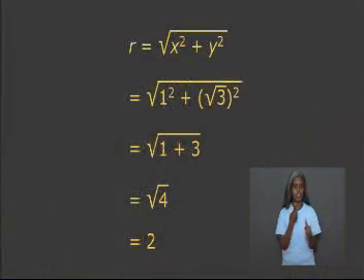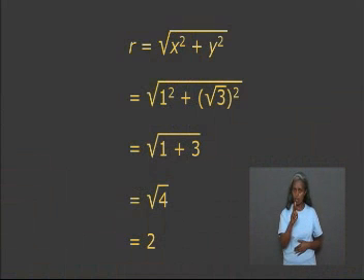Let us look at your answers, students. First, we must calculate r by using the formula r equals the square root of x squared plus y squared. In this case, our x value is 1 and our y value is negative the square root of 3. By using these values, we find that r is equal to 2.